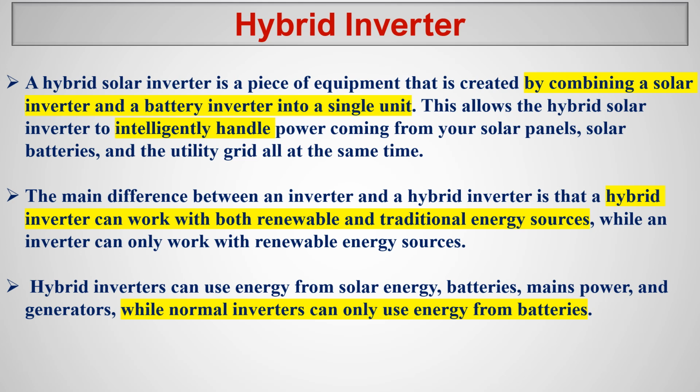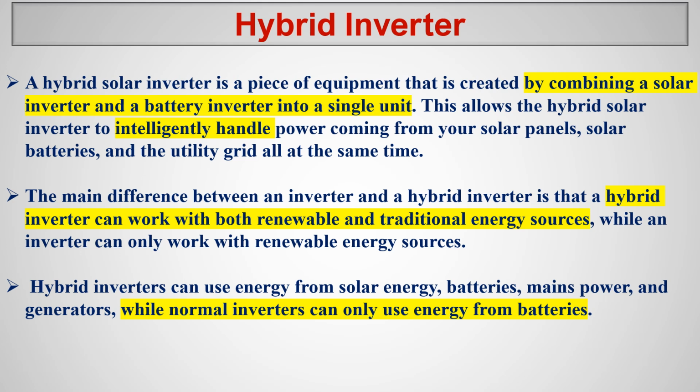So what is that? The hybrid inverter is made by combining a solar inverter and a battery inverter. A solar inverter means whatever power the solar panels produce, the DC power is converted into AC by the solar inverter. When we say solar inverter, we connect the inverter directly to the solar panels through the charge controller. That inverter's function is to convert whatever DC current comes from the solar panels into AC.